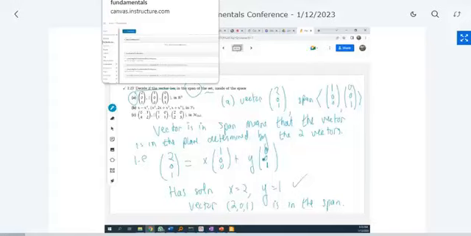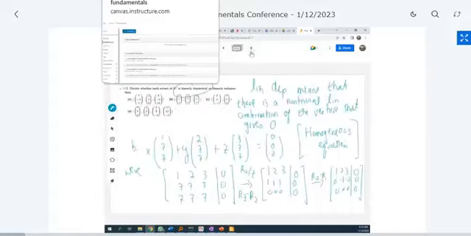This is an inhomogeneous equation. Next one here, to show whether it's linearly dependent, you set up a homogeneous equation. You take all of the vectors in the set and create a homogeneous equation. If it has a solution, then they're linearly dependent. If it does not have, then it's linearly independent.